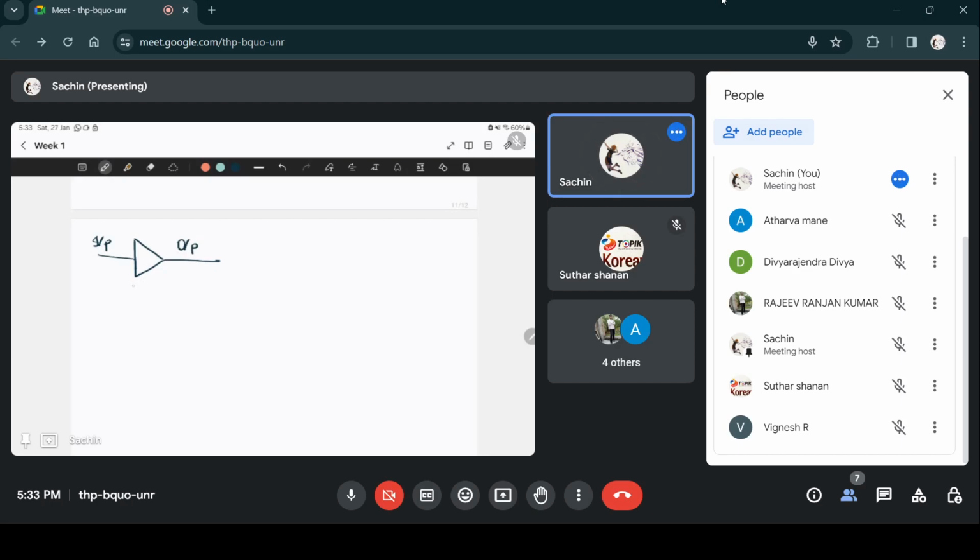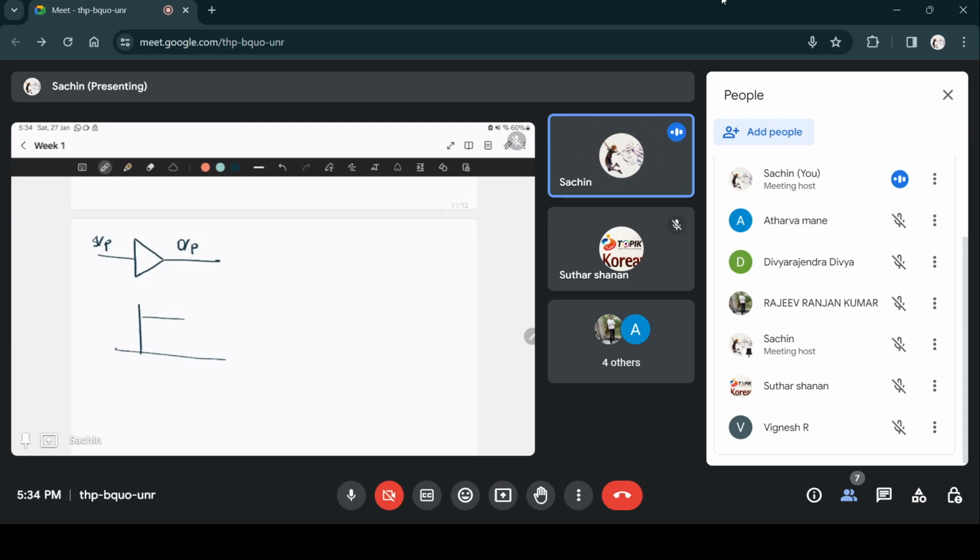And what we want is, let's say in a digital setting, we have only two values if you consider binary.